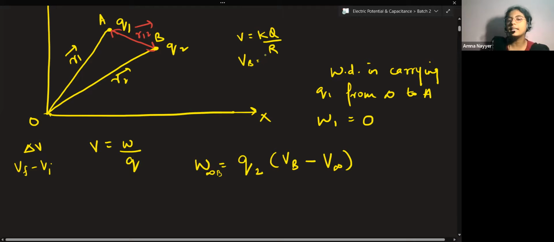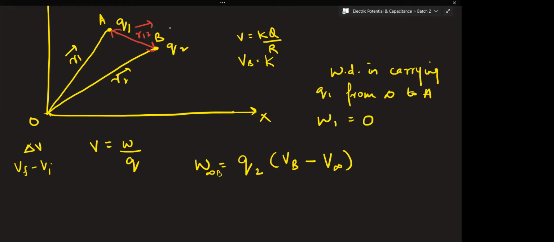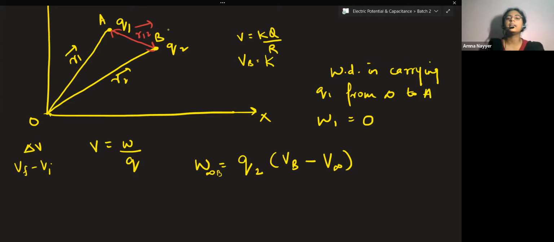See, constant K will be there. Charge will be what? Q1 or Q2, if potential is generated by Q1? See, it will be Q1 only. Reason for being Q1 is that potential is generated by Q1, no? Q2, we are calculating the potential on Q2.